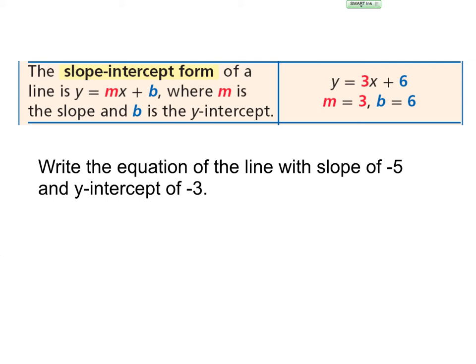What does the equation look like plugged into slope-intercept form? Read the description again. m is the slope, b is the y-intercept. That's where they go in the equation. Show me again.